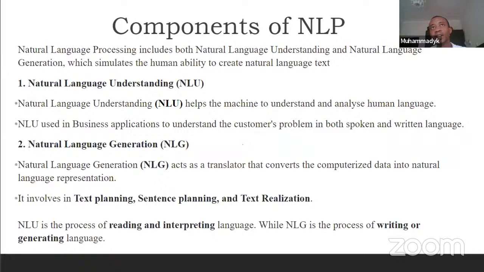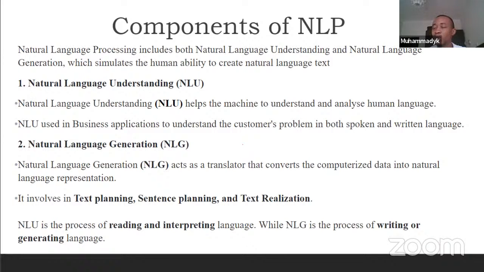For somebody that is getting into natural language processing, you would want to consider these two components, right? One of them is natural language understanding. And what does this mean? It helps the machine to understand and analyze human language.